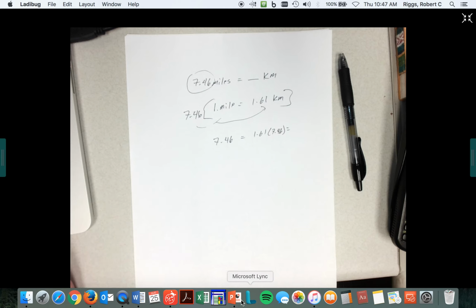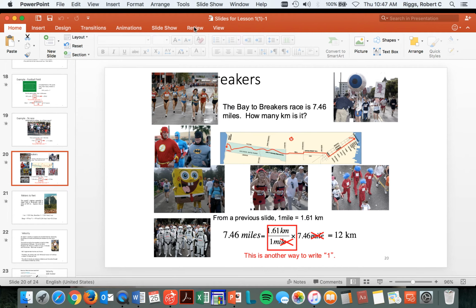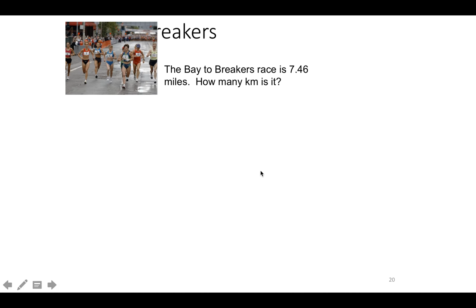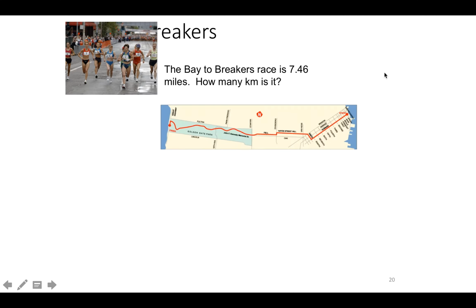But the Bay to Breakers now also has serious runners running for prize money because it is San Francisco, so they got money, and you run from the start at the San Francisco Bay, and then you run under the Golden Gate Bridge to the ocean.